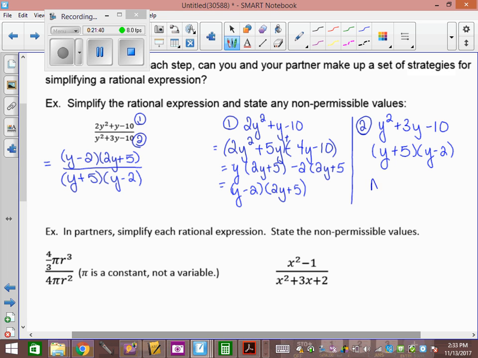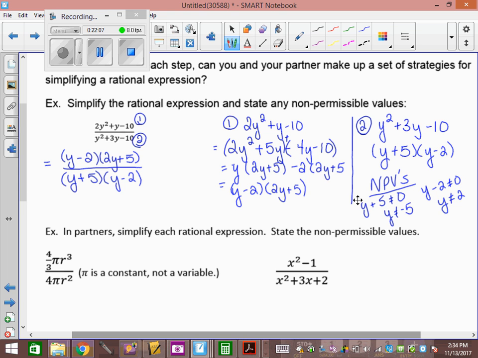State the NPVs. So we'd have y plus 5 can't equal 0, and y minus 2 can't equal 0. So this one, y can't equal negative 5, and this one, y can't equal 2. If I plugged in negative 5 by itself, it would get me a 0 in the denominator, correct? And if I plugged in a 2 by itself, it would give me a 0 in the denominator. So you can check your NPVs as well.